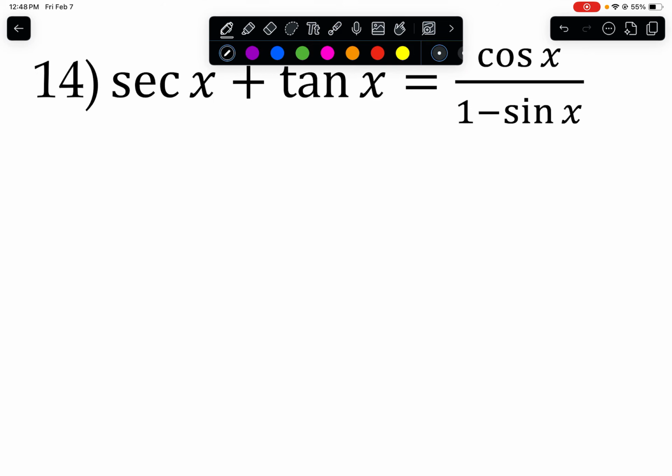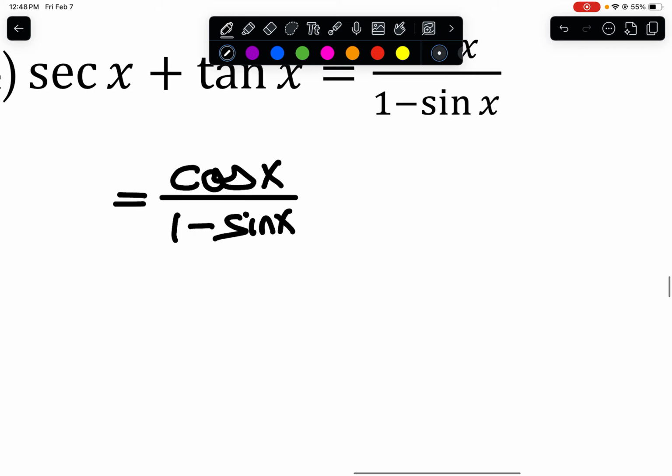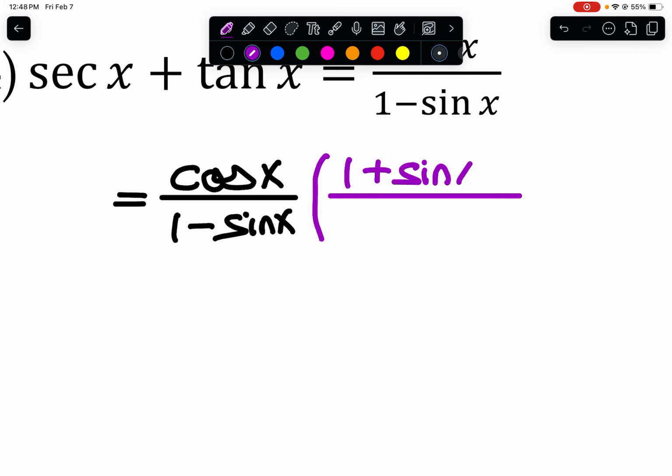So what I see is I'm going to multiply by the conjugate. So I'm going to have cosine x over 1 minus sine x, and to multiply by the conjugate, I'm going to multiply by 1 plus sine x over 1 plus sine x.